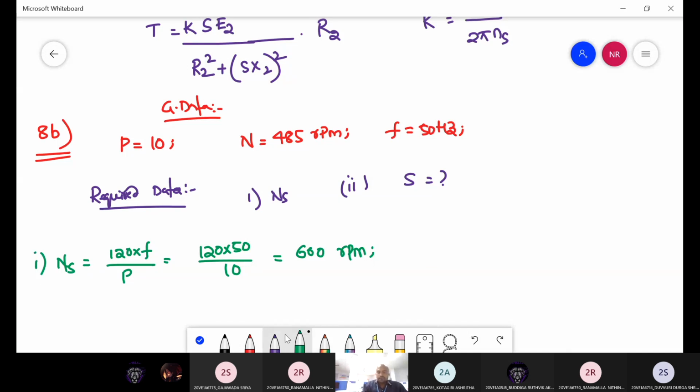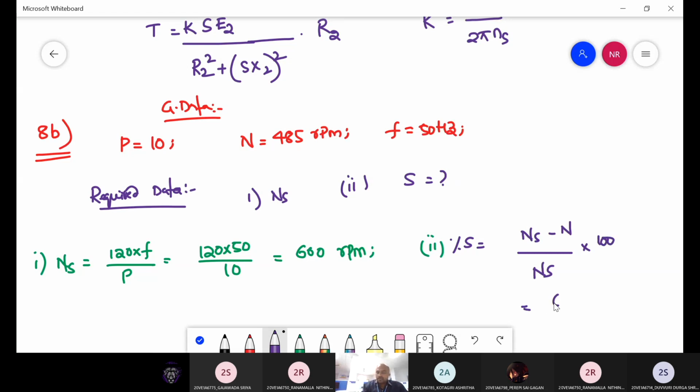Then the second bit, what we have to calculate? Slip. S is equal to (Ns minus N) by Ns. For percentage slip, multiply with 100. Ns is 600, N is 485, divided by 600, into 100.